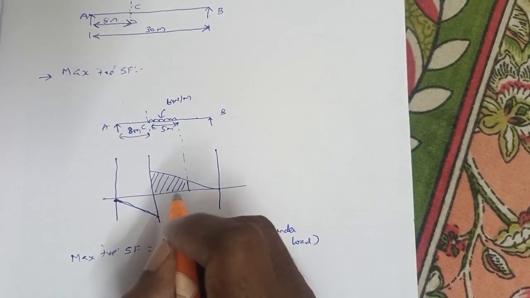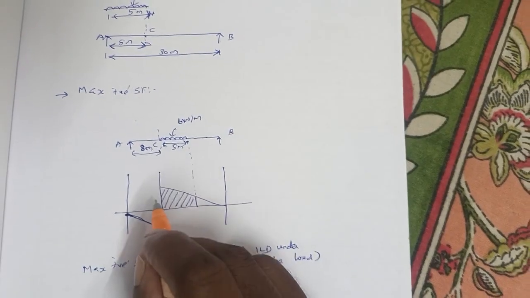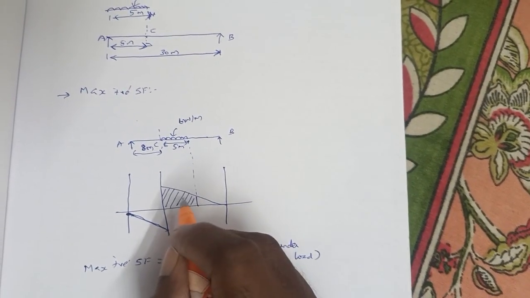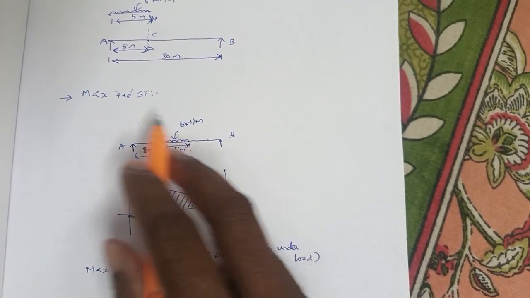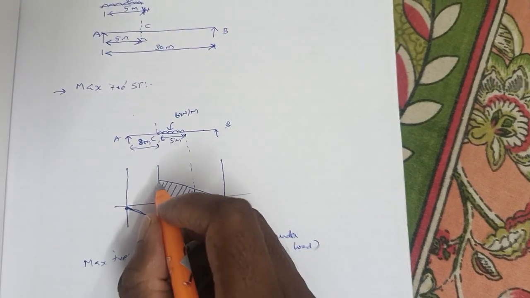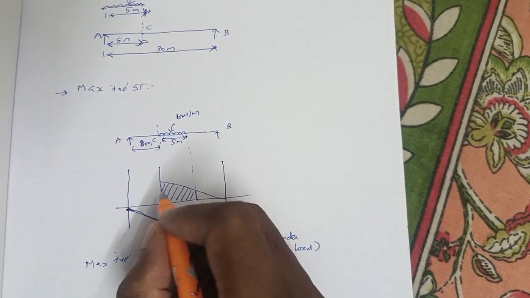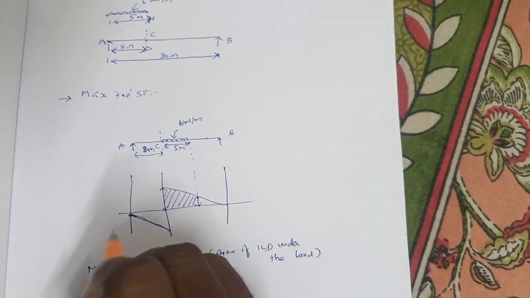The area of a trapezium is (A plus B) by 2 into H. If you substitute A, B and H, we can find the area. If we multiply the area with the load, we can find the maximum positive shear force. So to get the area, we need to find A and B, which are the ordinates.